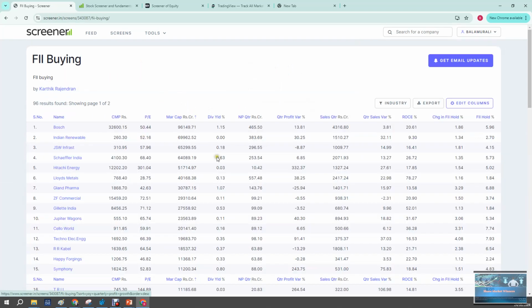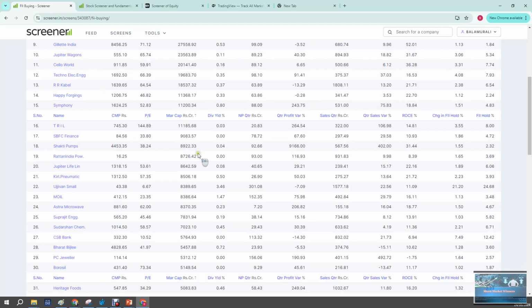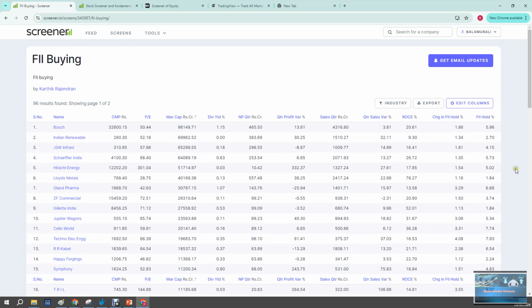Let me show the backend script of that: change in FII holding is greater than 1% and FII holding minus change in FII holding is less than 5%. Based on this query, the recent changes are being run, so those types of queries will be updated here. So it will be easy for you to populate. This is a very basic script, but you can set your own criteria to filter these stocks. For that, I have shown you how to create it.